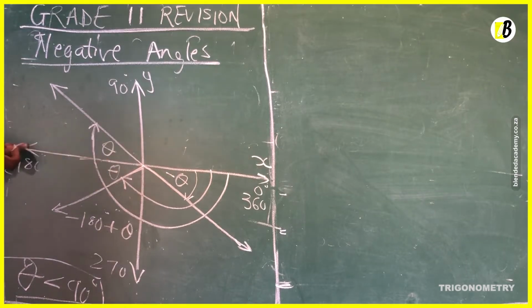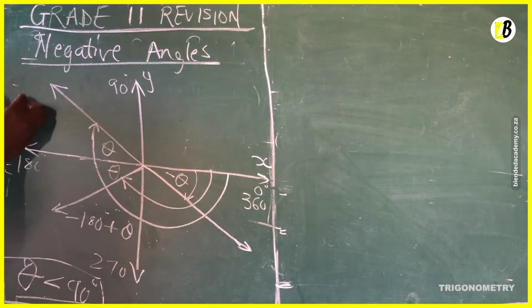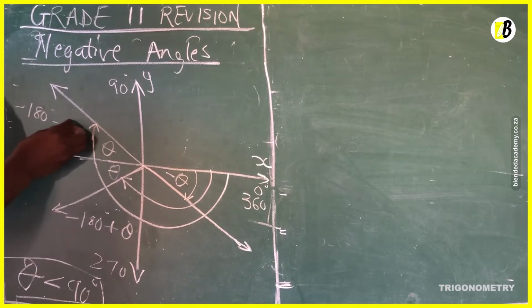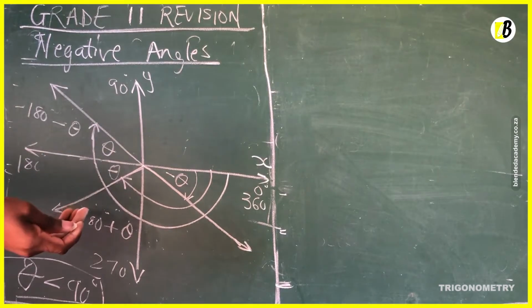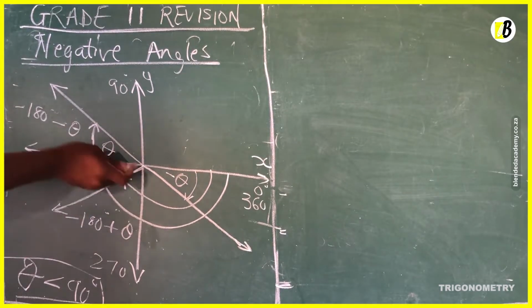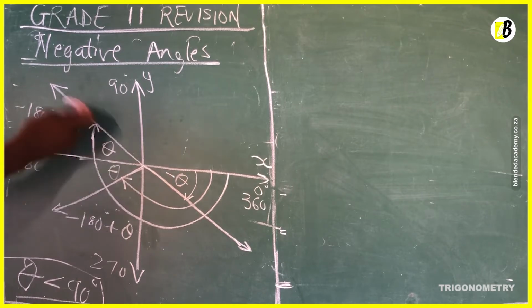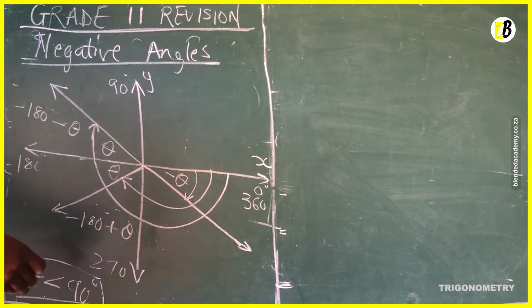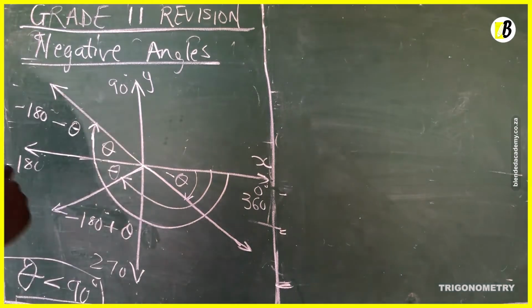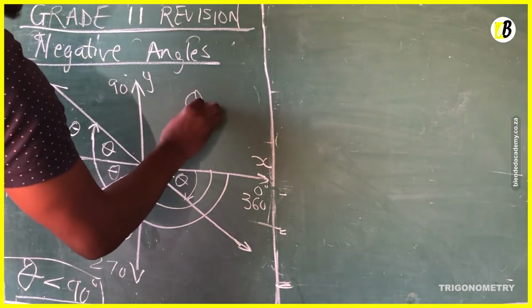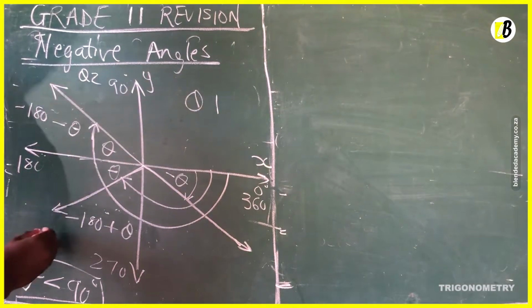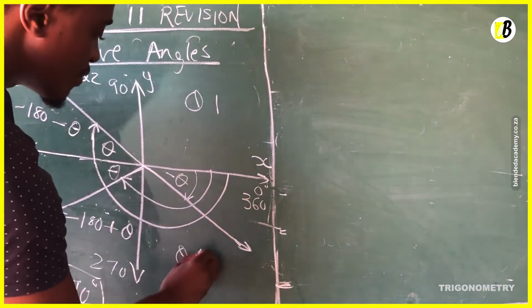So it's going to be minus 180 degrees minus theta, because we're moving in the same direction. Unlike in this case where we moved in the clockwise direction and then we changed direction, moved in anti-clockwise direction. That's why we have a positive theta there. Let me just name these quadrants 1, 2, 3, 4.